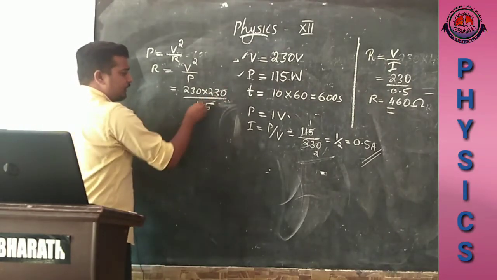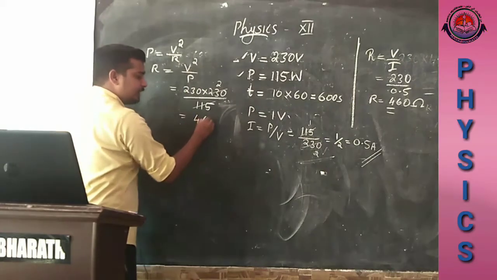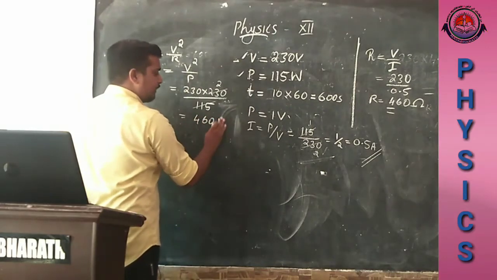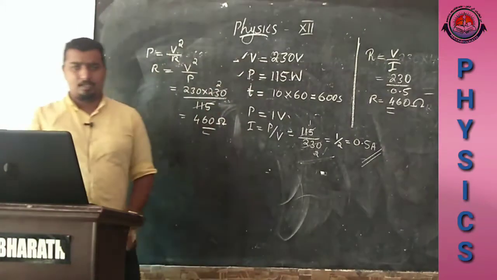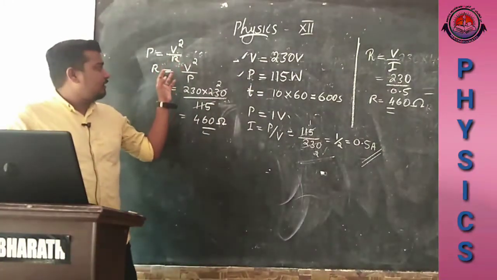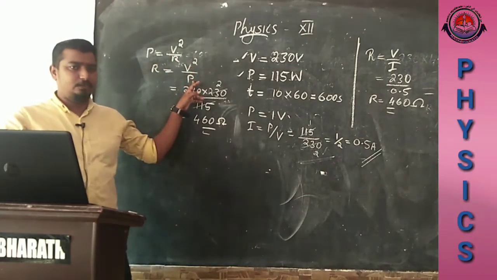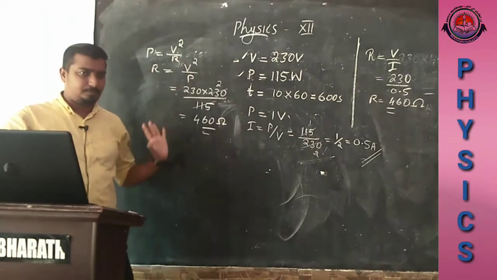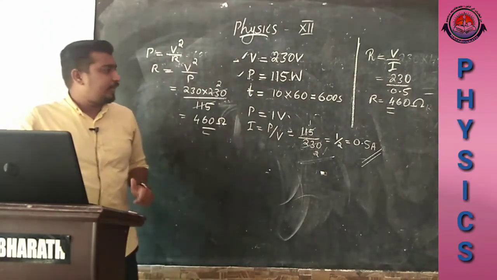Here 230 cancels, that is 2 into 230, 460 ohm. Both are the same. Here we are using R equal to V square by P. Clear? Okay.